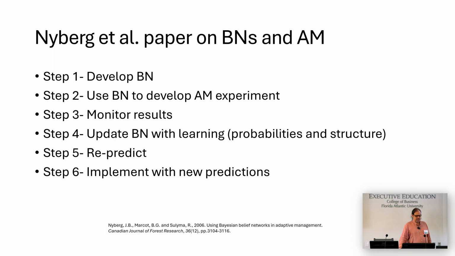Step 3, you monitor the results from the experiment. Step 4, you update your Bayesian network with probabilities as well as the structure, based on what you observe and what you learn. So this one's more tactile with causal understanding. In step 5, you repredict with your updated learning and new Bayesian network structure, and then you implement the next decision with the new predictions, like we were showing before.